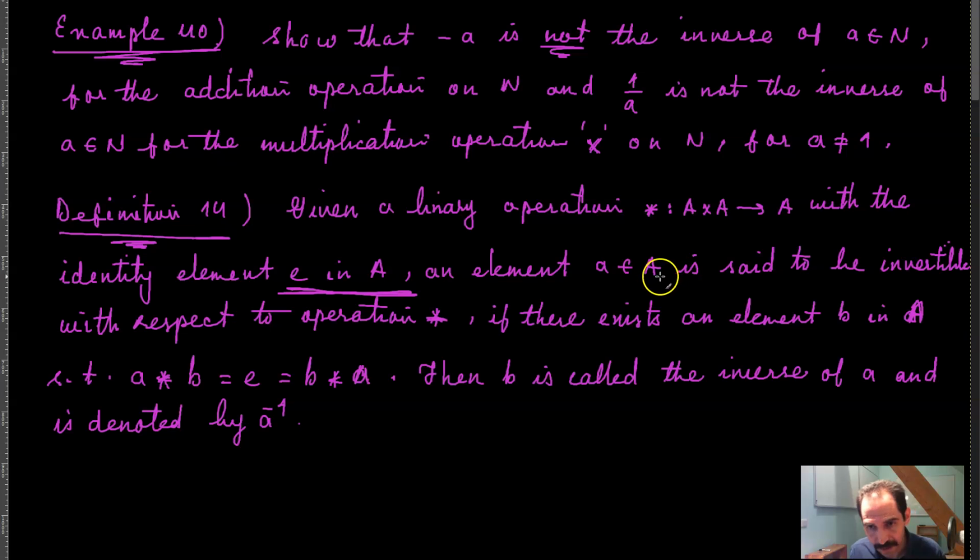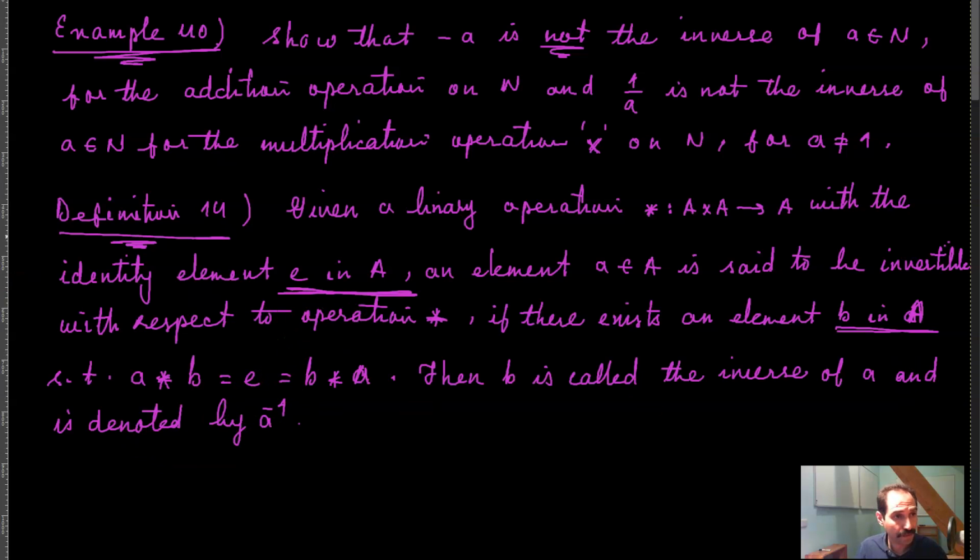Now an element A belonging to the set A is said to be invertible with respect to the operation star if there exists an element B in A, so B has to exist in A, such that A star B is equal to E is equal to B star A, and then B is called the inverse of A and is denoted by A inverse.